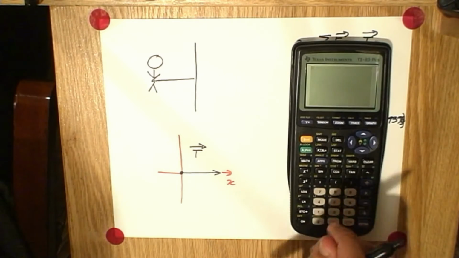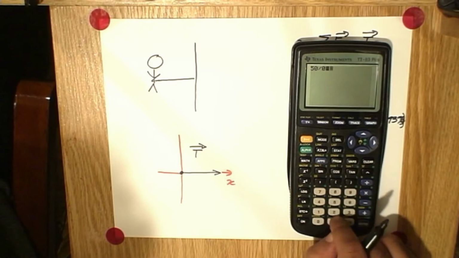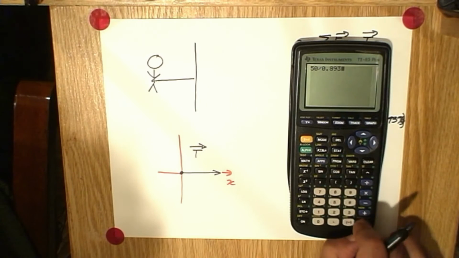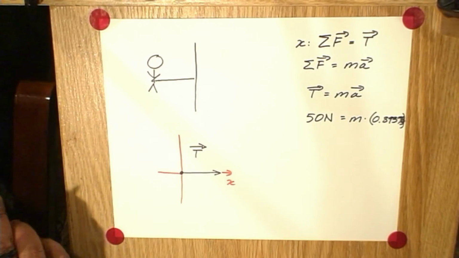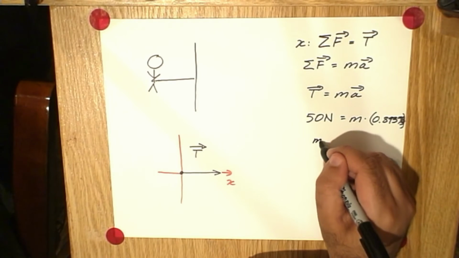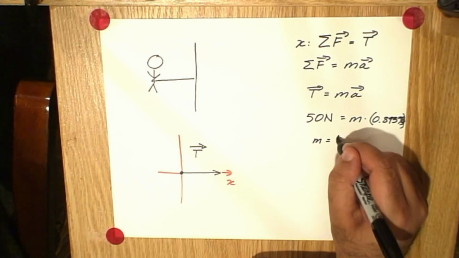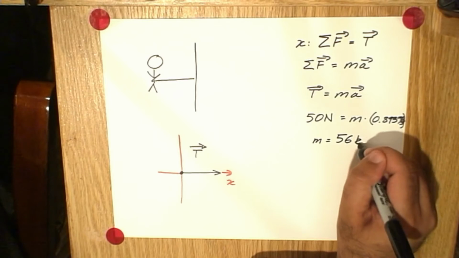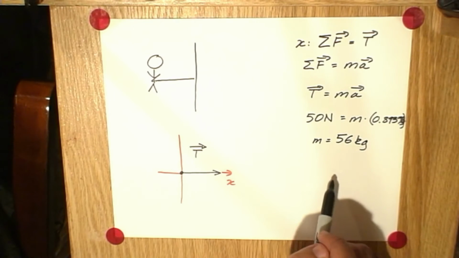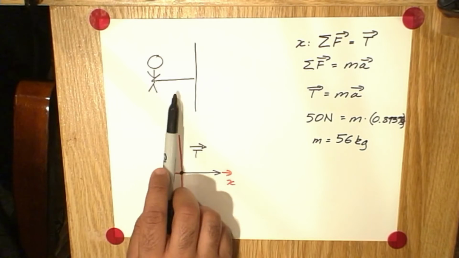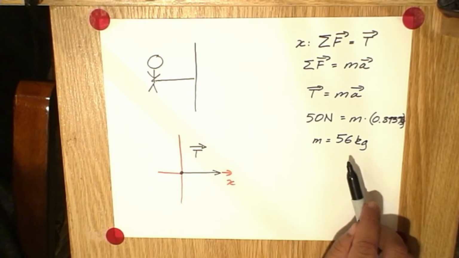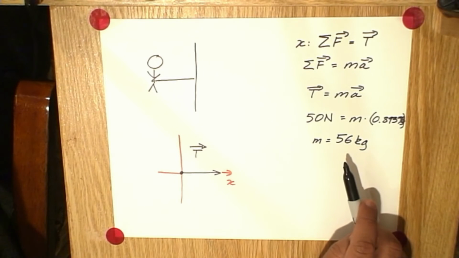So now we just need our calculator. 50 divided by 0.893 gives us 55.99. I'm feeling lazy, so I'm just going to round that up to 56 kilograms. And now, knowing the tension in the rope and the acceleration of the astronaut, we have worked out the mass of the astronaut.